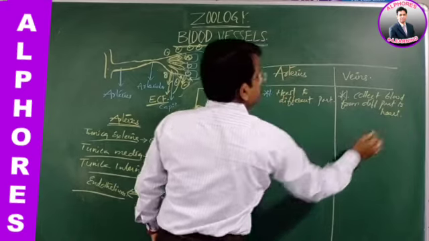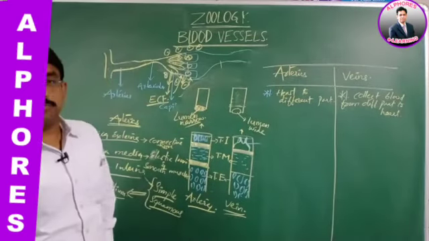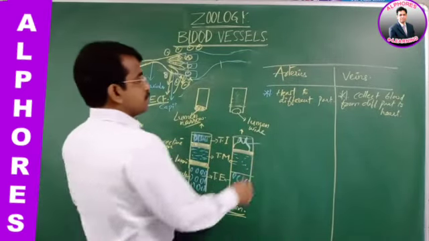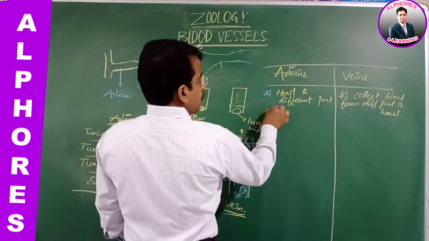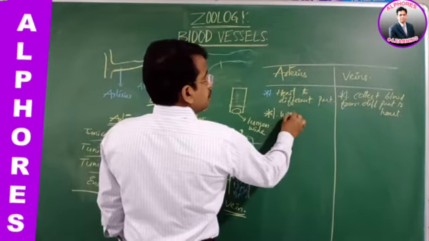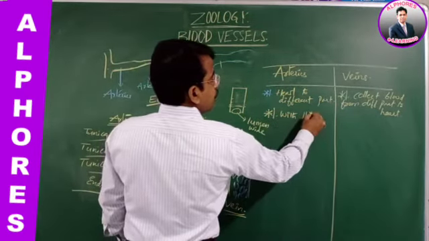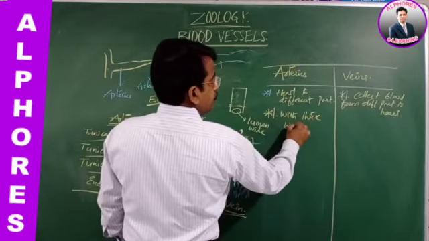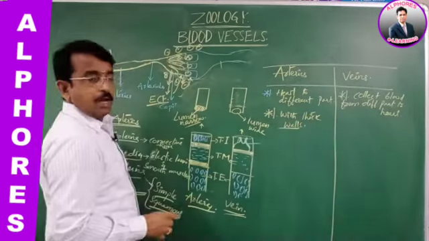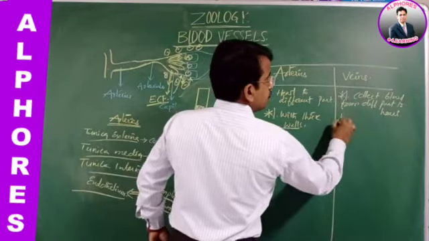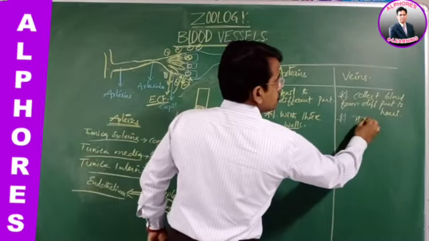This is the first difference we see. Next, arteries have thick walls, whereas veins have thin walls.